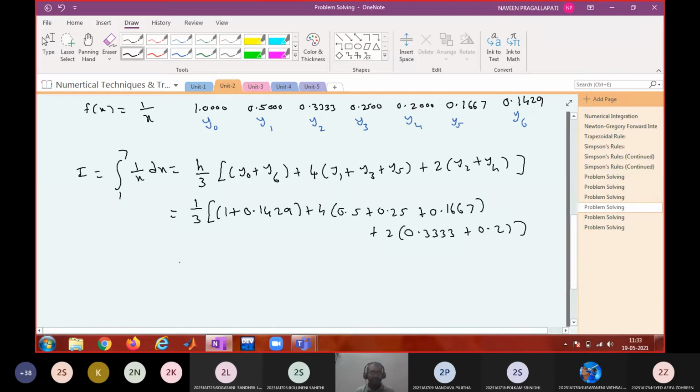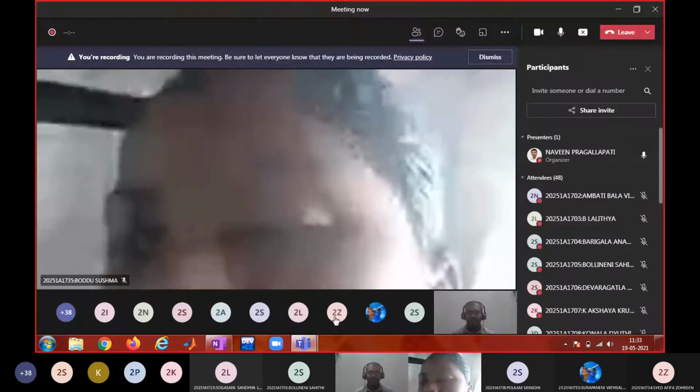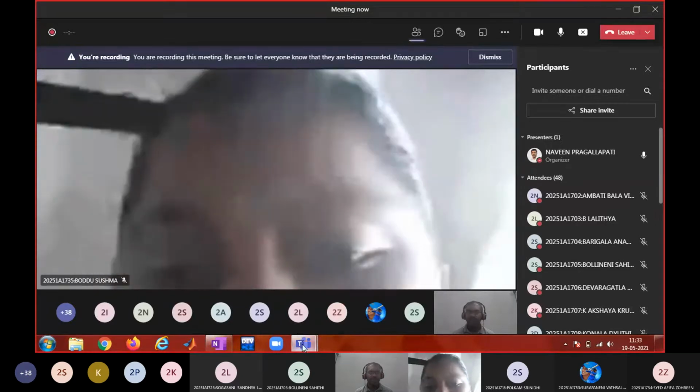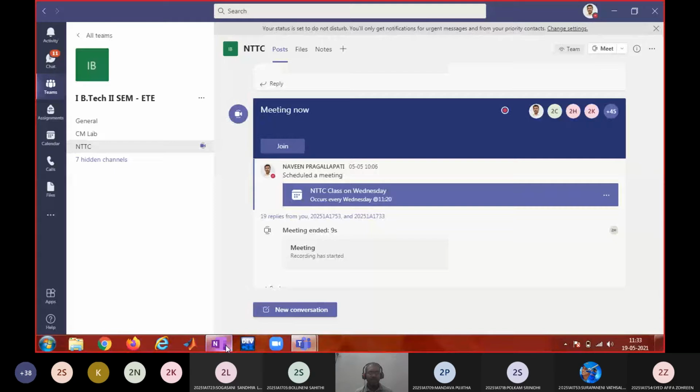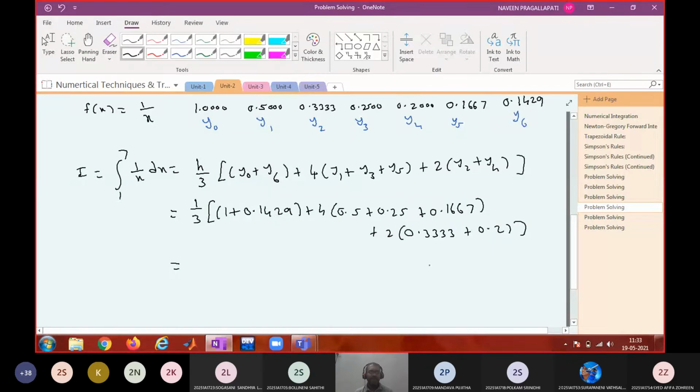What is this value? Each one of you do the calculations, don't just copy. What was the simplification?